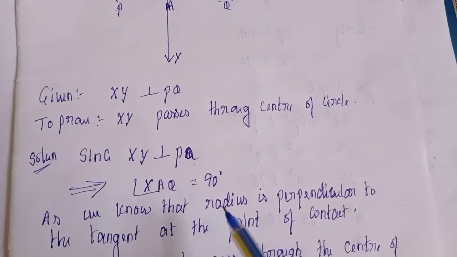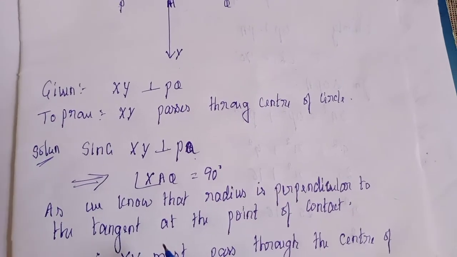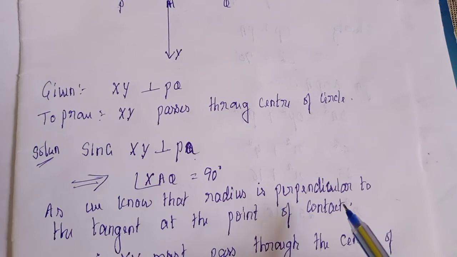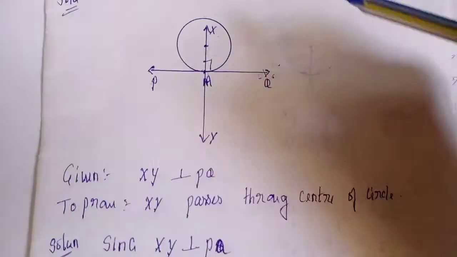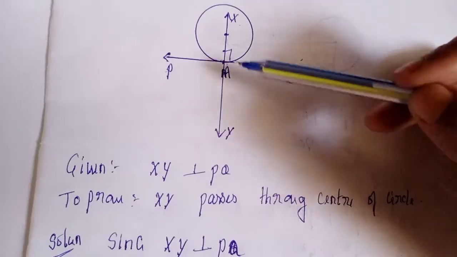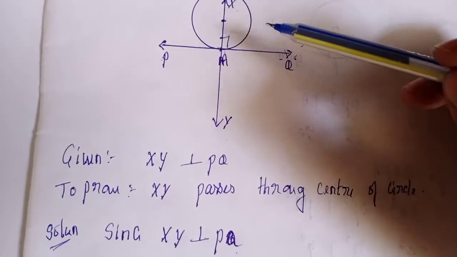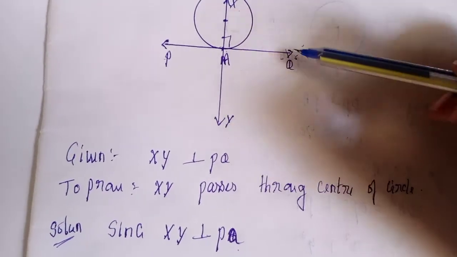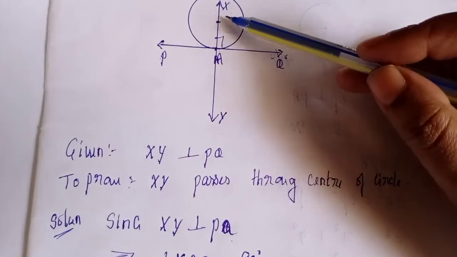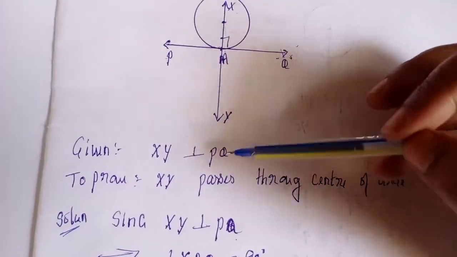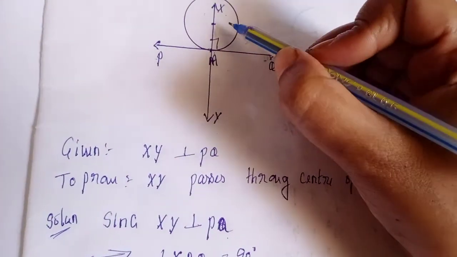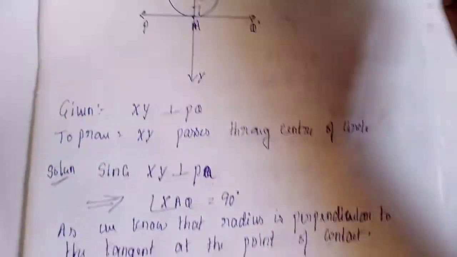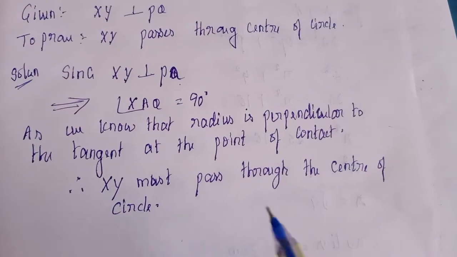As we know, the radius is perpendicular to the tangent at the point of contact, by theorem 10.1. Just now we proved that XAQ is 90. So the center of the circle should lie on this line only, that is the perpendicular line. The center of the circle must lie on this perpendicular line.